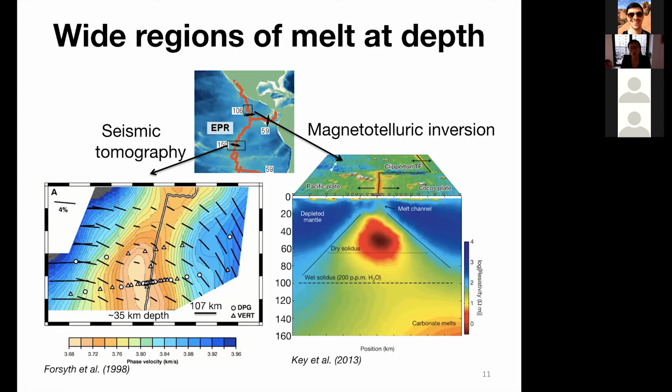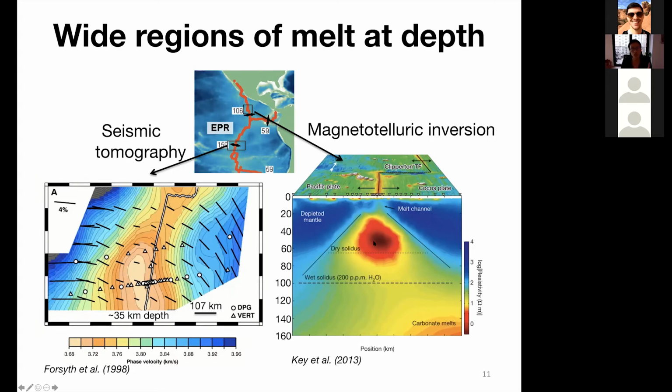Similarly, at another part of the East Pacific Rise, you have a magnetotelluric inversion from an electromagnetic survey. They observe a conductor beneath the ridge axis, indicated by this red blob on the right-hand figure.